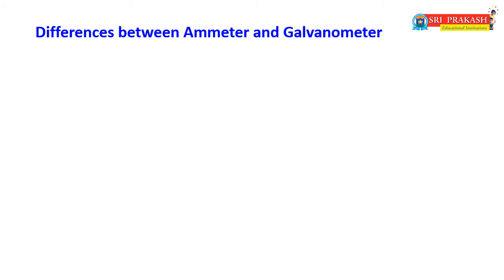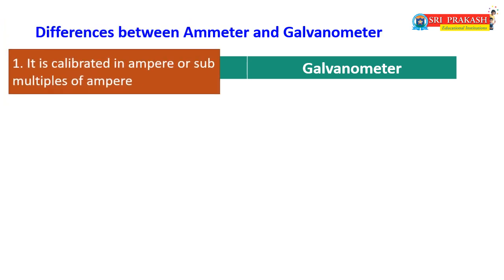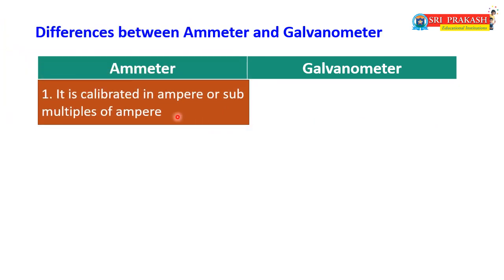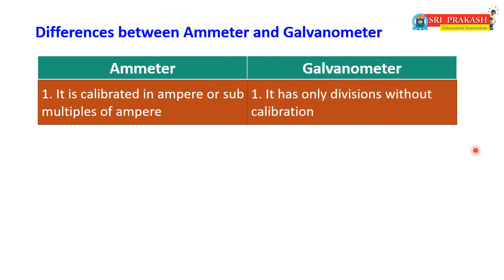Next, differences between ammeter and galvanometer. The ammeter is calibrated in ampere or any submultiple, like milliampere or microampere. But the galvanometer shows only deflection, with values up to 30. That means it has divisions without calibration; we can say divisions, but we can't say how much value.